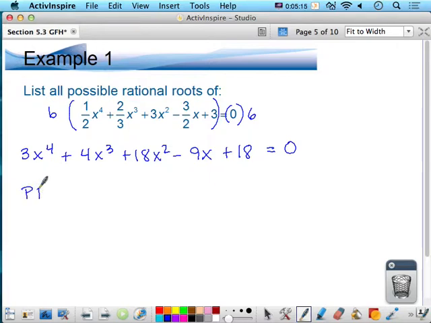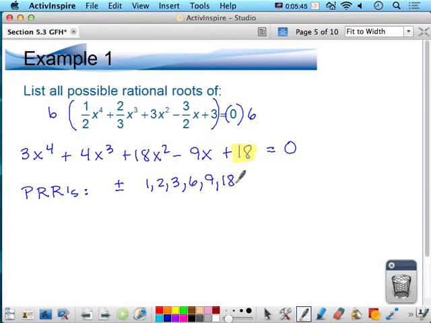So the possible rational roots include all of the factors of the constant, so all of the factors of 18, which could be plus or minus 1, 2, 3, 6, 9, and 18.